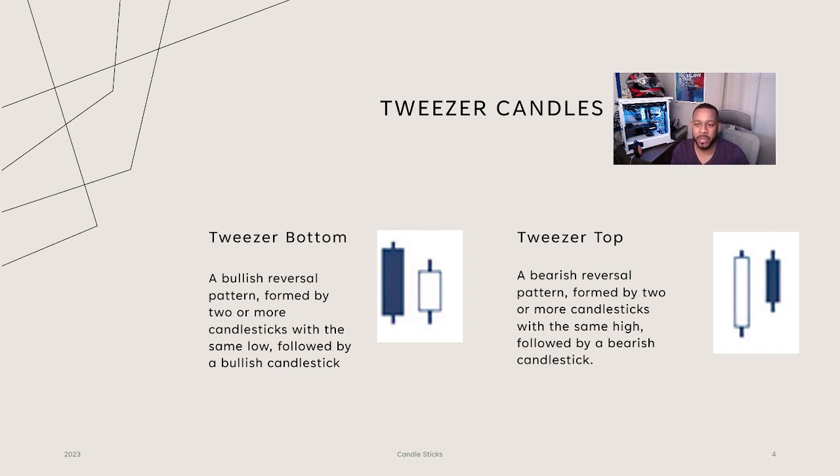And then just the opposite of that, the tweezer top, you have a bullish candle, and then they have the same close as the opening of the next candle, right? And then it's a bearish candle, and it shows the momentum of the market changing from bullish to bearish, right? So a bearish reversal pattern formed by two or more candlesticks with the same high, right?